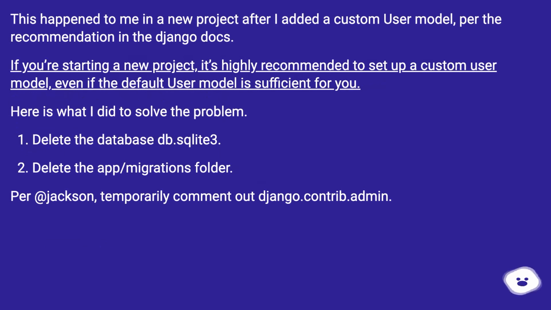This happened to me in a new project after I added a custom user model, per the recommendation in the Django docs. If you're starting a new project, it's highly recommended to set up a custom user model, even if the default user model is sufficient for you. Here is what I did to solve the problem. Delete the database db.sqlite3. Delete the app/migrations folder. Per @Jackson, temporarily comment out django.contrib.admin.